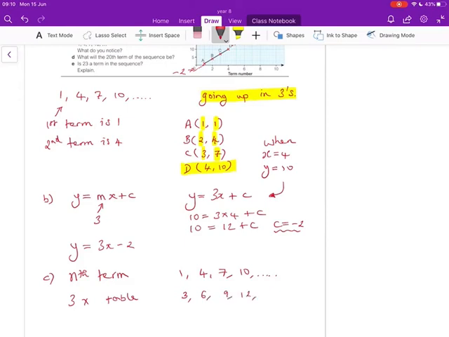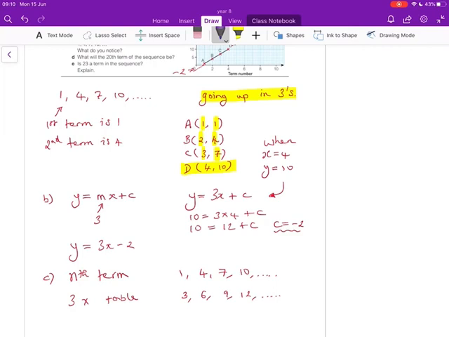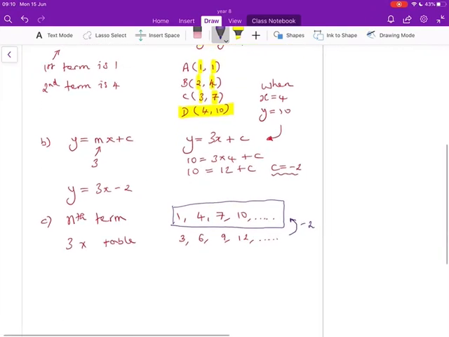If I write out my 3 times table, 3, 6, 9, 12, etc., hopefully you can see that if I take the numbers in the 3 times table and subtract 2 from all of them, I get the terms in my sequence.